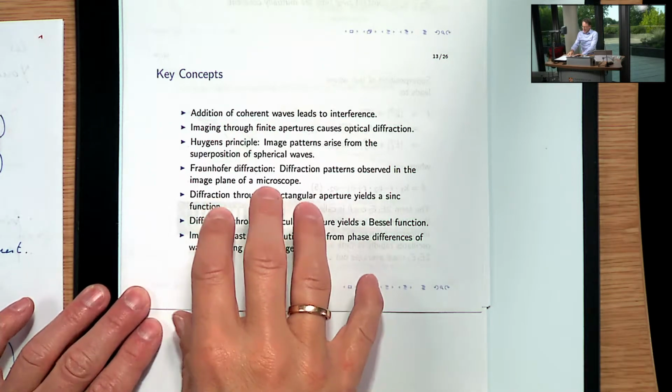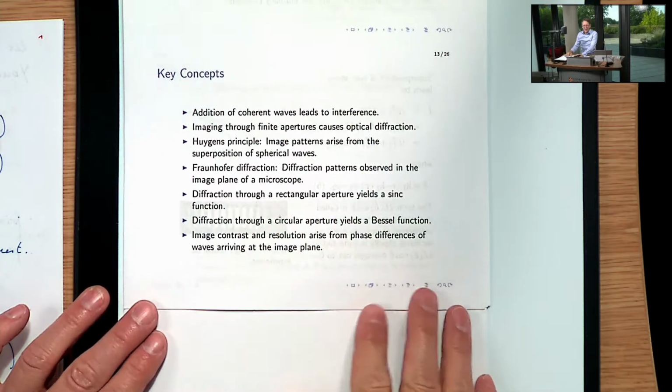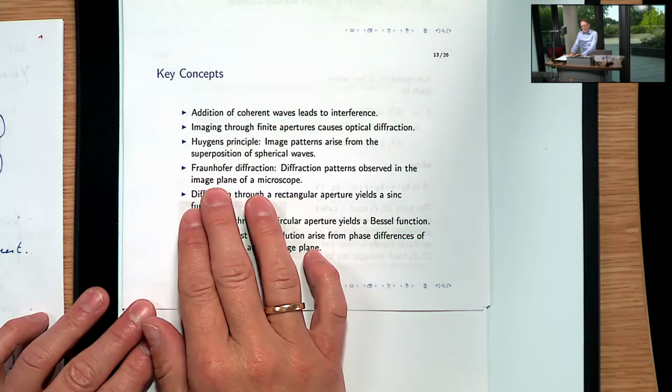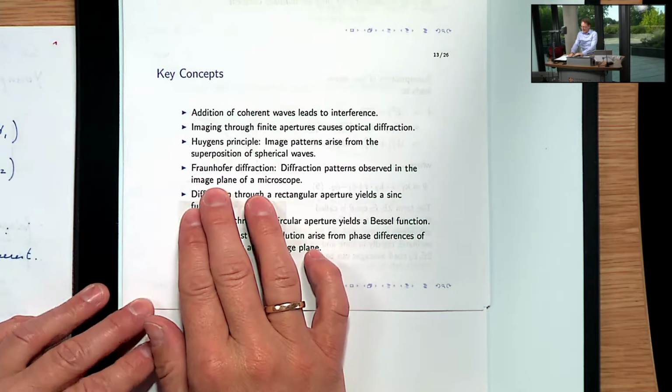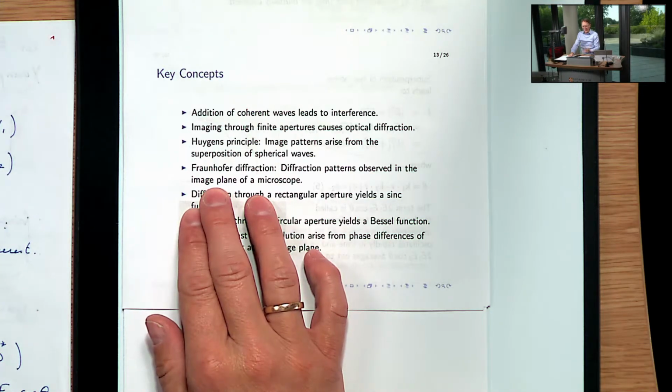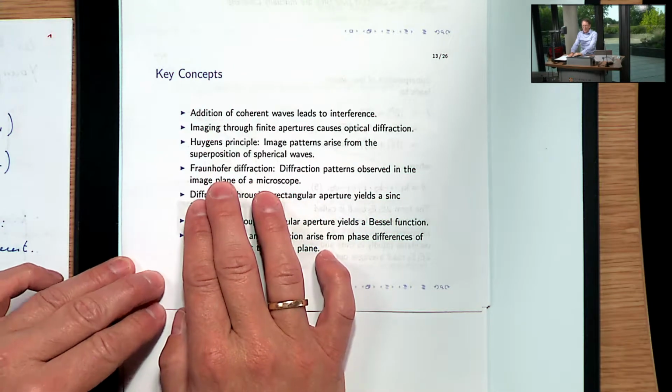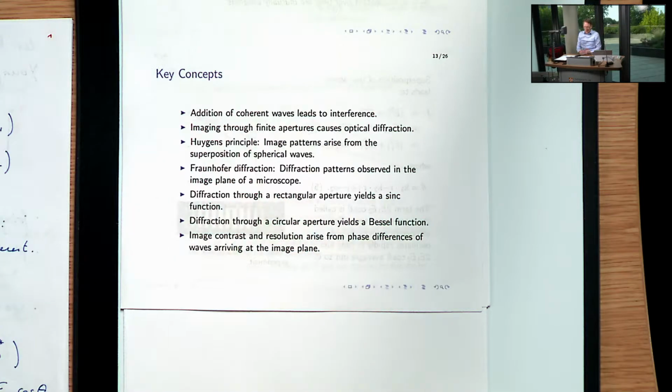So the most important, in fact the only important type of diffraction that we will talk about in microscopy, and again this is true for any imaging system, is Fraunhofer diffraction. This is a particular type of diffraction where certain conditions are met, and we'll discuss what these conditions are.